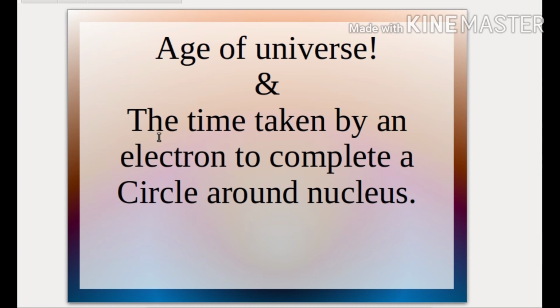The time taken by an electron to complete a circle around the nucleus, this is something we cannot see. We cannot see even an electron, and we are talking about the time. This one is very small. Saying this again will not be significant. So let us check how to do it.